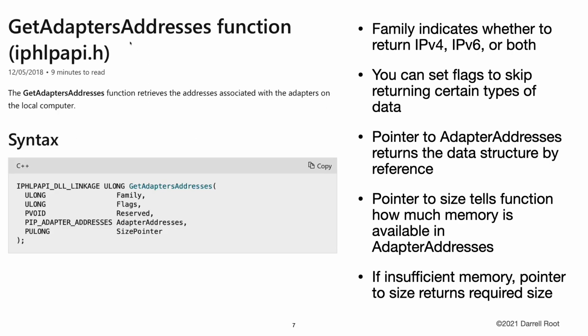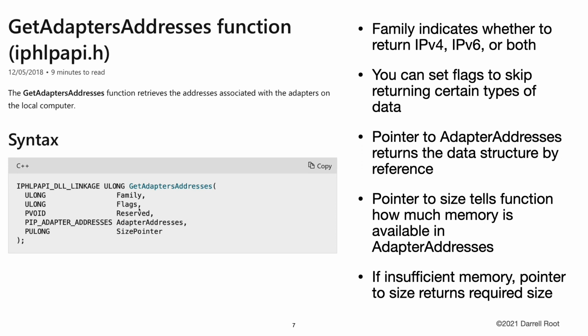The GetAdaptersAddresses function returns information about addresses associated with the adapters on the local computer. You can pass in the family to identify whether you want to return IPv4 or IPv6 or both. You can pass in flags to minimize the amount of information that is returned, so that we don't have to sort through a bunch of data that you don't want.